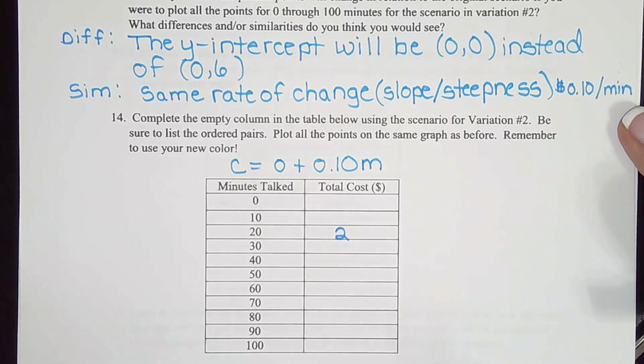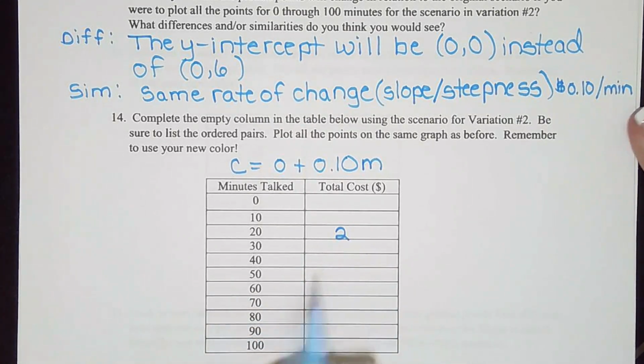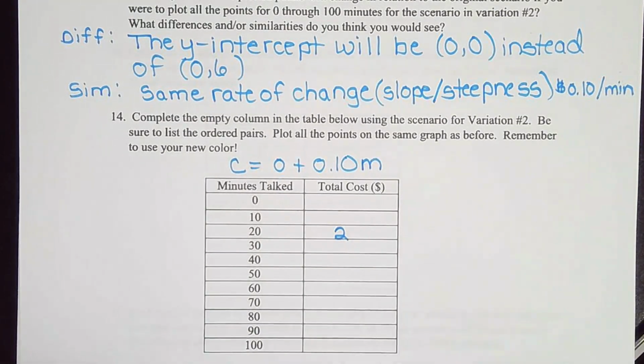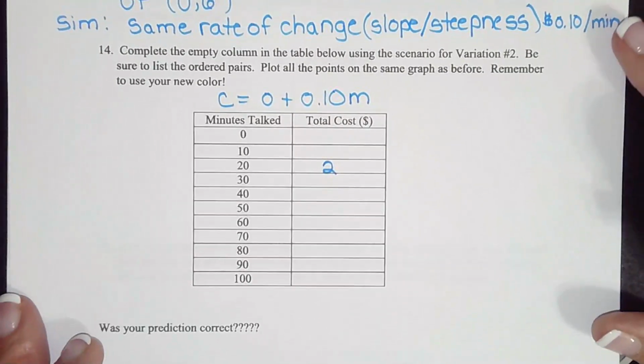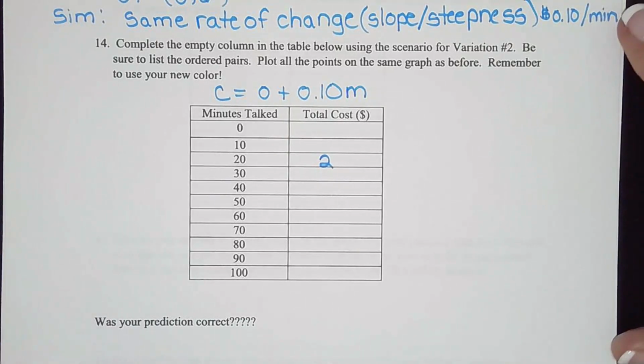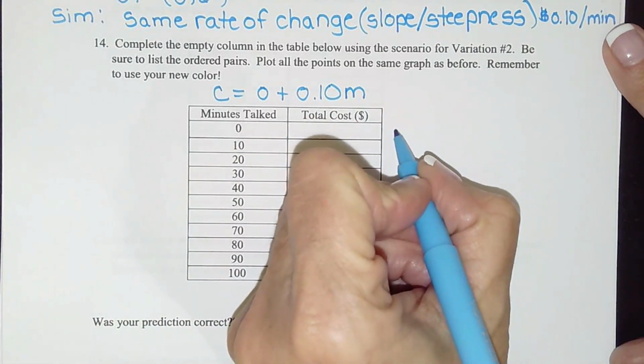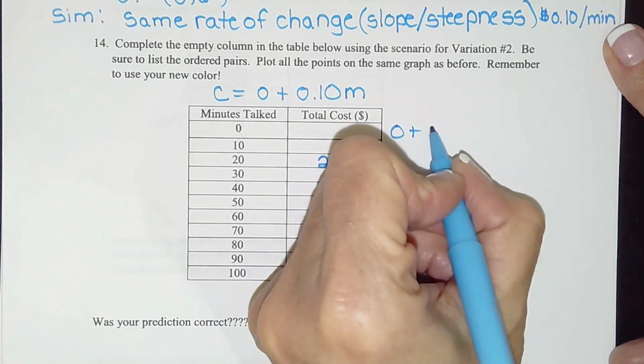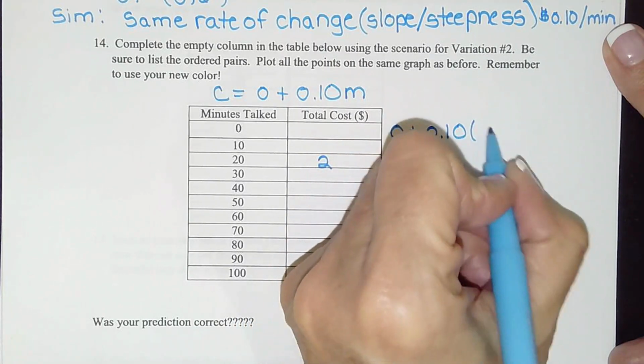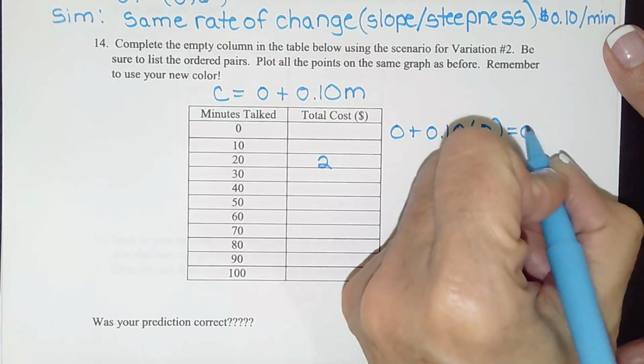So 0, 0. Like I said, I always do 4, make sure I've got a pattern going, then I might jump down, or I might do 3 and then jump down and do the last one, just to verify the pattern's correct. So let's do this first one. 0 plus 10 cents times 0 minutes, that would be 0 plus 0.